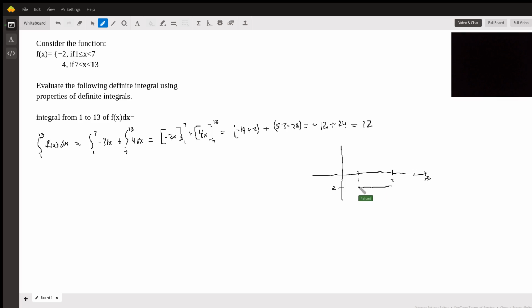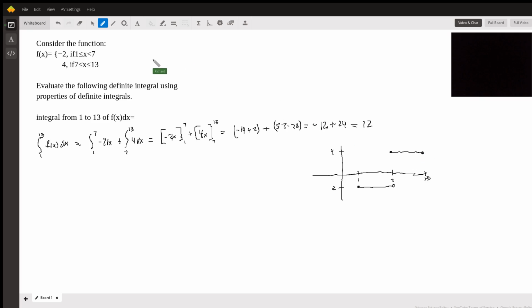It's got a solid point here because it's greater than or equal to 1, and now open on 7 because it's strictly less than 7. And then the other one runs from 7 to 13 and it has a value of 4. It's going to start here and end here with a closed dot.